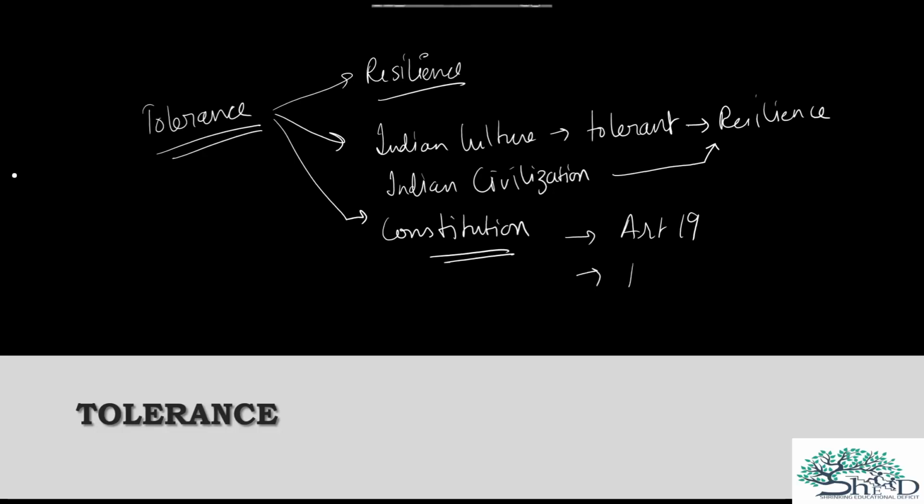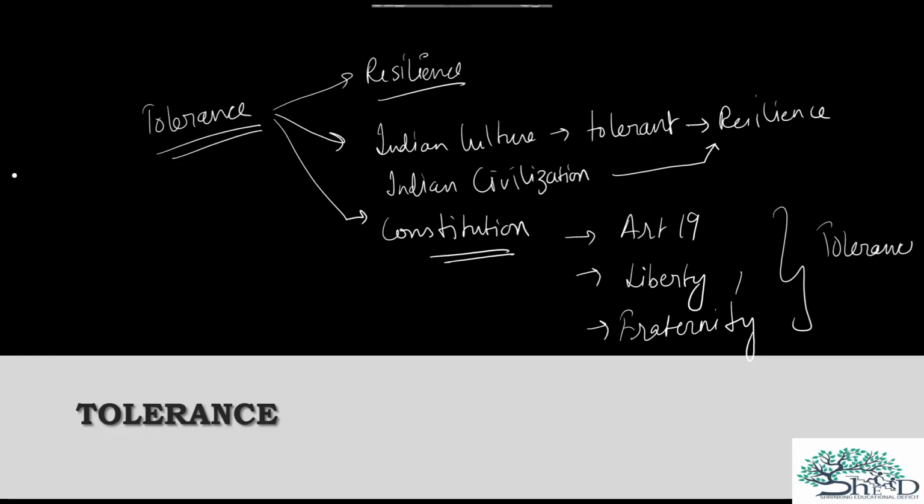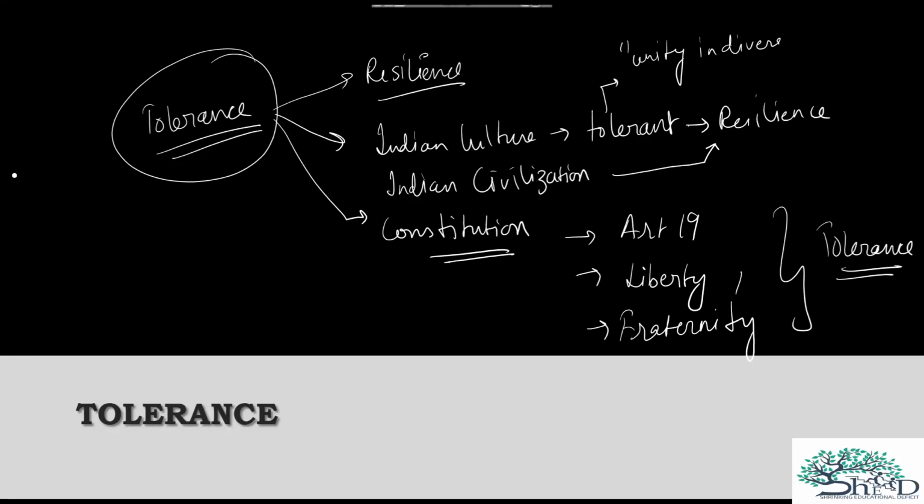Then the value of liberty, fraternity, all these are to increase tolerance. This is one angle of studying tolerance. Let me explain a little bit more why this survived. Not just because they were tolerant, but, although I did tell you, the term was missing here: unity in diversity, that we are accepting people who are from different cultures.